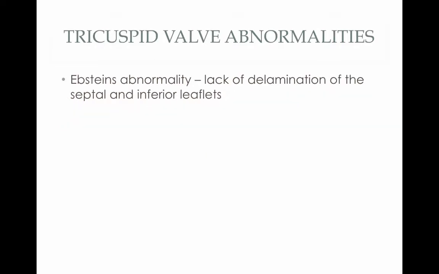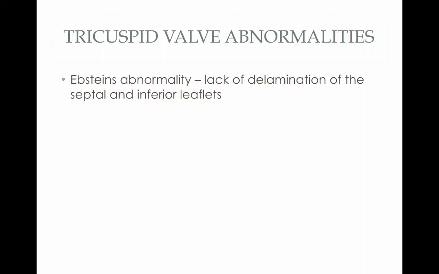Same thing for the right side. On the right side, we can see an abnormality called Ebstein's. Ebstein's abnormality is a lack of delamination of the septal and inferior, or posterior, leaflets of the tricuspid valve. We actually see atrialization of the right atrium, so really the right heart, where we have a large right atrium, and that tricuspid valve is seated closer to the apex of the ventricles, so it doesn't sit on that same plane.